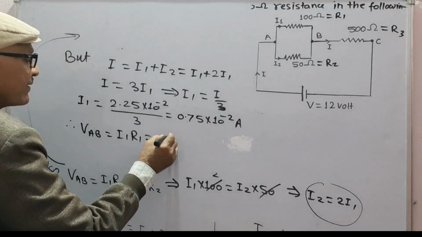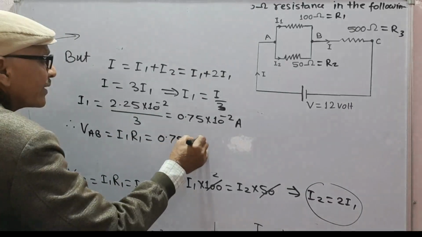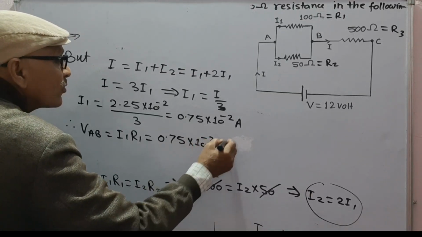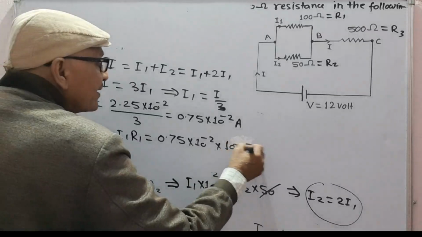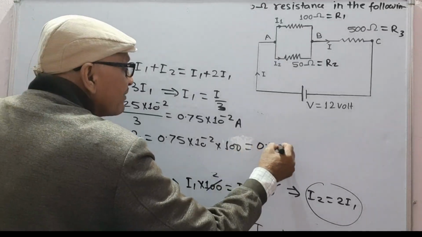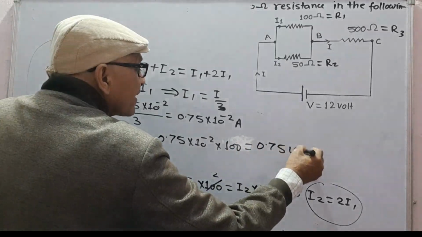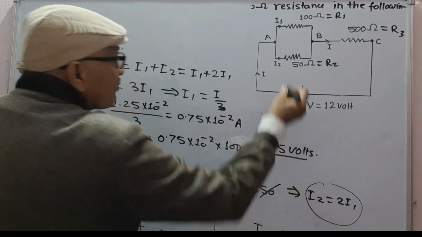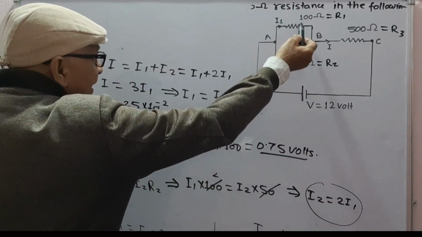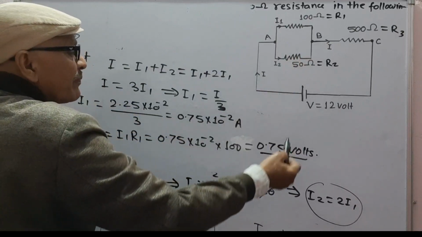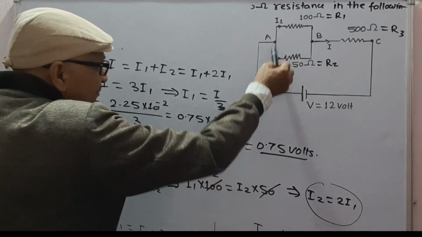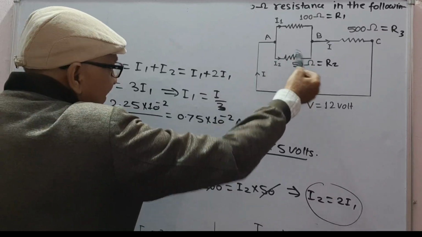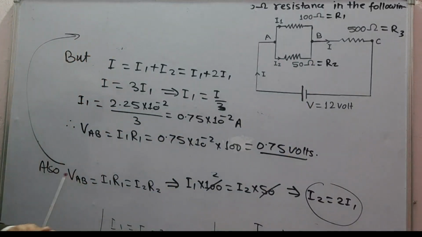I1 is 0.75 into 10 to minus 2 into R1 is 100. So, it gives 0.75 volts. So, the potential difference across 100 ohm will be 0.75 volt. Same potential difference will be across 50 ohm as well.